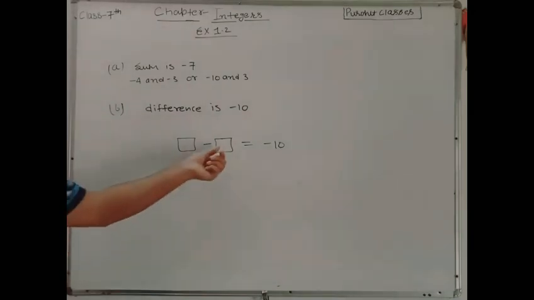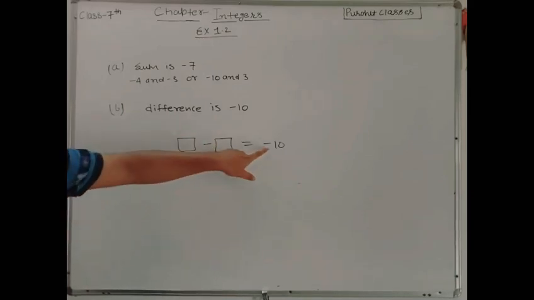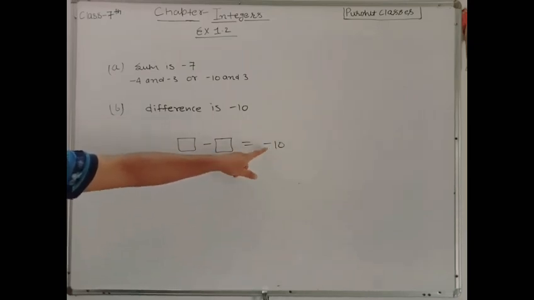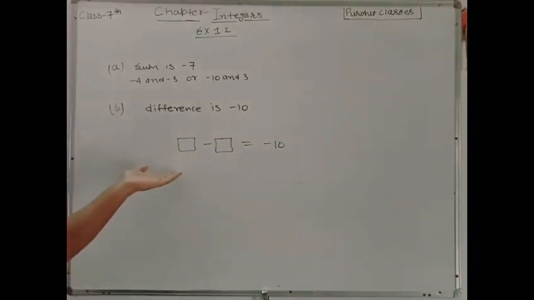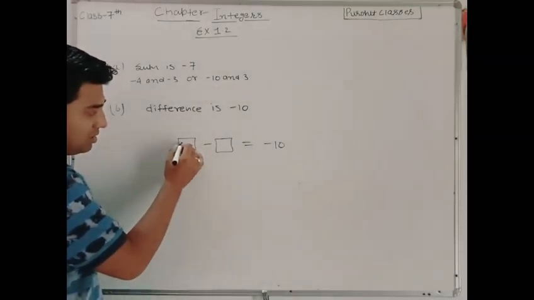So what should we write here? We can write here any positive number, but the greater number should be negative, because the answer contains a negative sign and the sign of the answer is given by the greater integer. So we are sure that the greater integer should be negative. So let us write here -15.